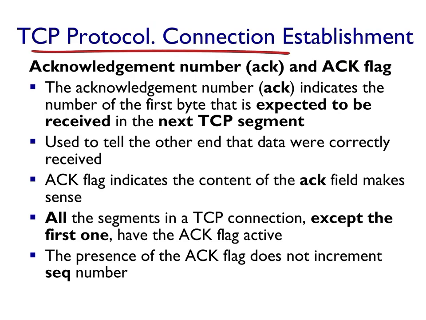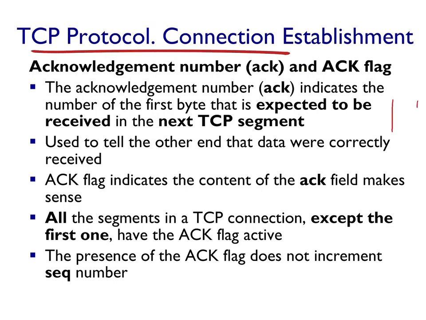The ACK number is related to the sequence number. If I receive a segment with a particular sequence number, I will answer with another sequence number from my side, starting from the initial sequence number from my side, but asking for the next segment I'm waiting for.